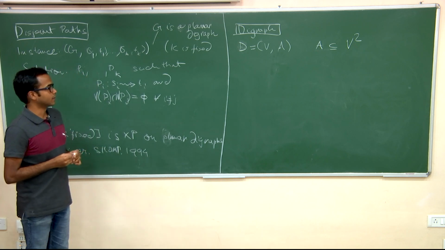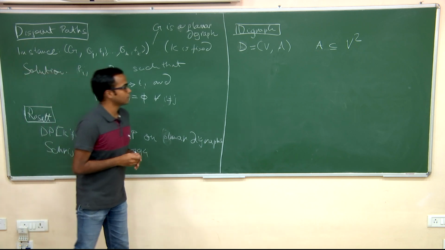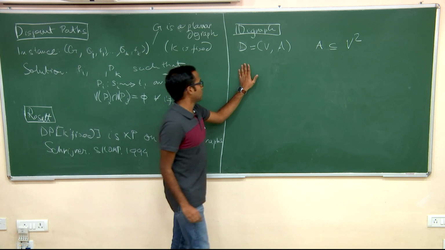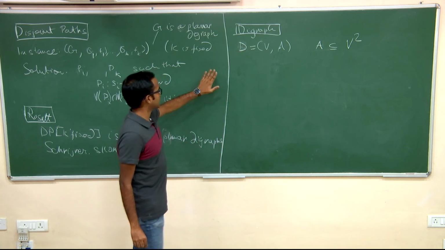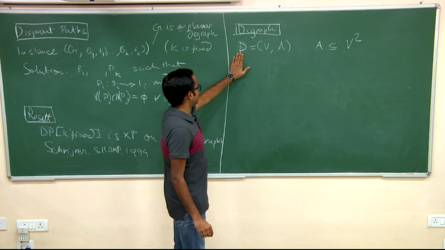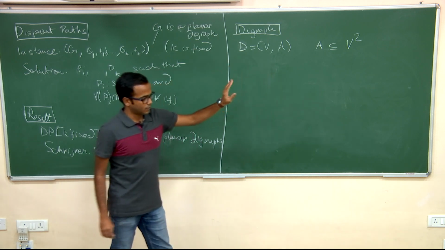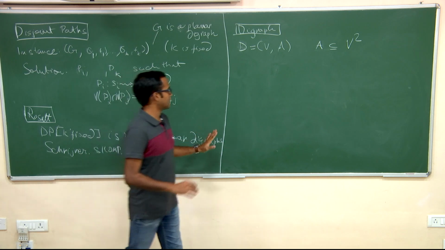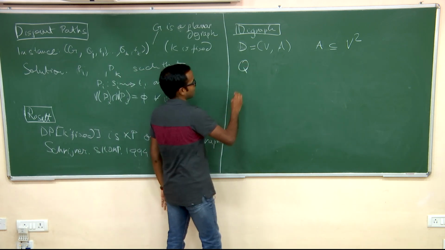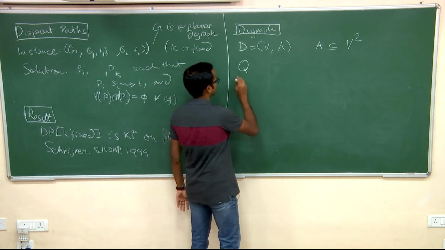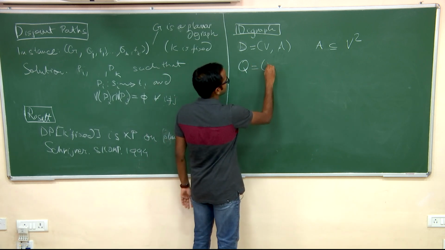And the machinery that we will be looking at, we'll only look at the case where the input graph is a digraph, but the machinery has been developed for something more general, which is called a quiver.